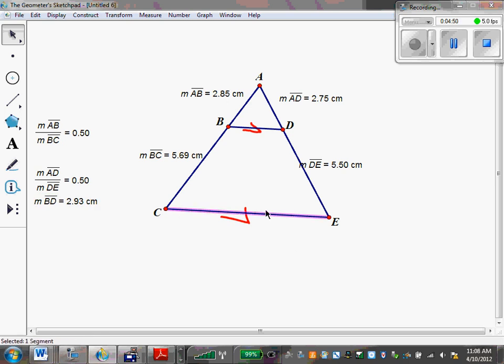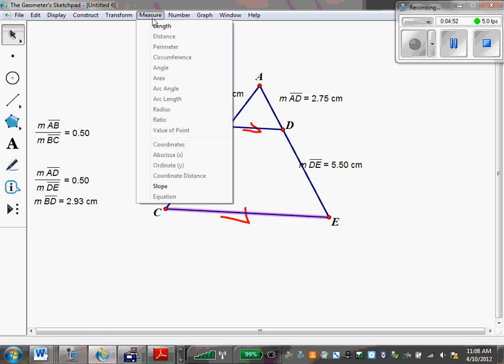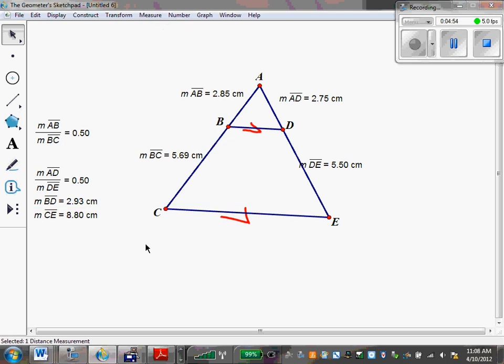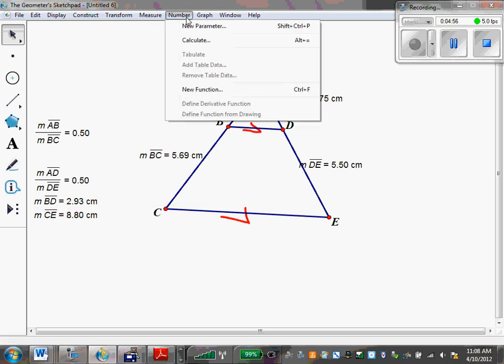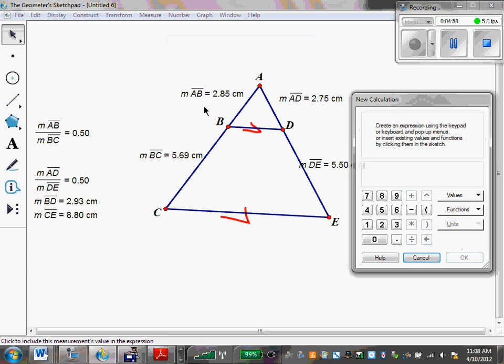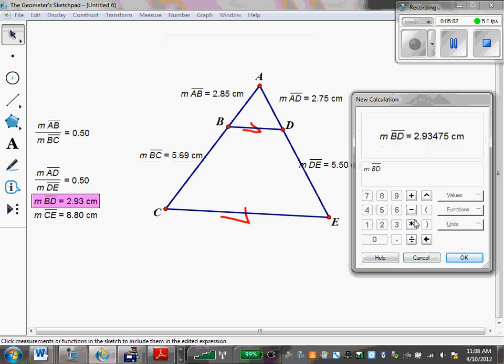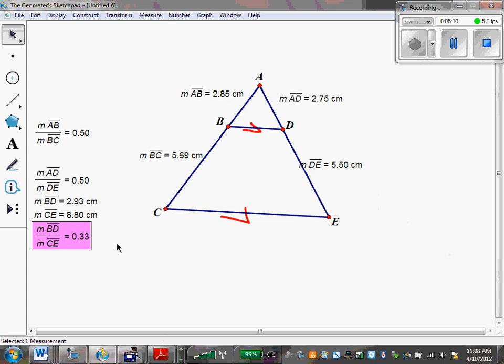Are they in that same ratio? Let's see. So if I take my calculator and I take line segment BD and divide it by CE, they are not in the same ratio.